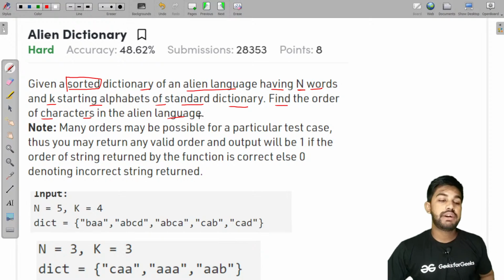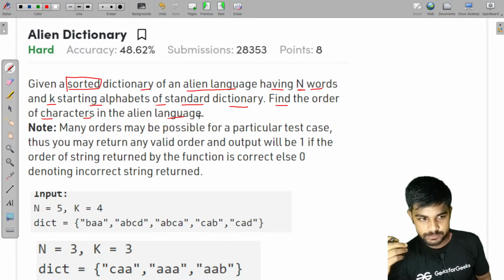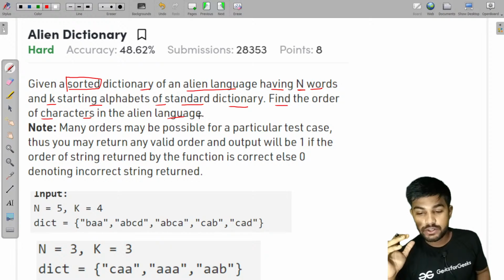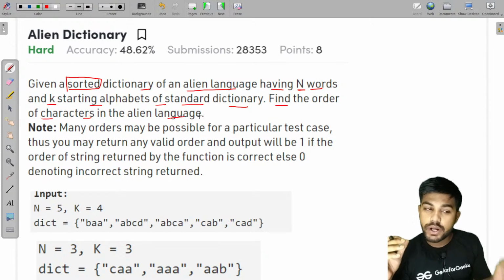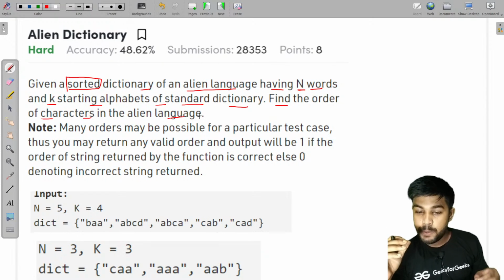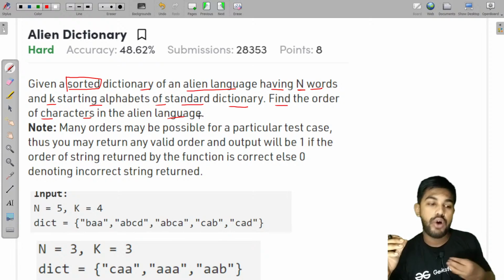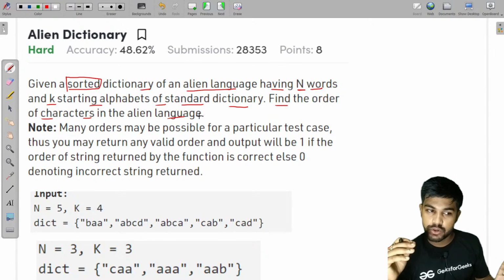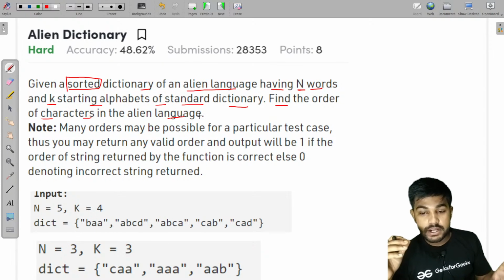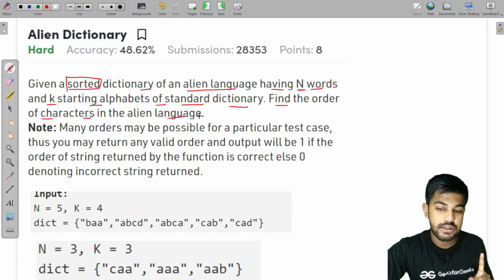What it is trying to tell us is that it would give you a dictionary, but the language of the dictionary is different from the language of ours. But there is one more catch in this. What is that catch?